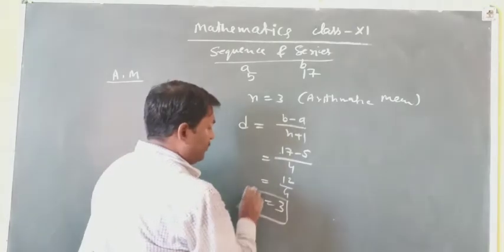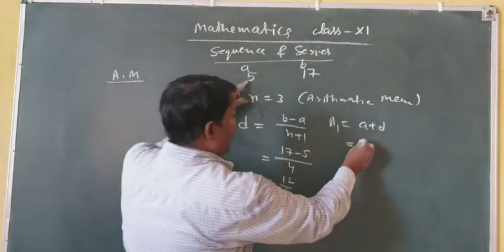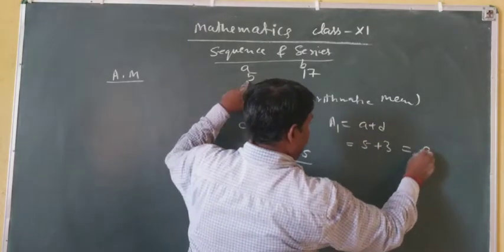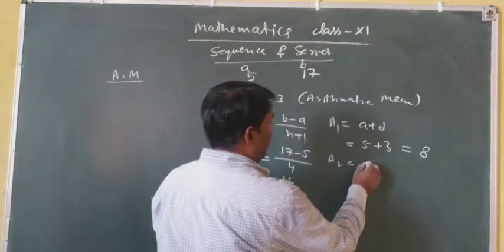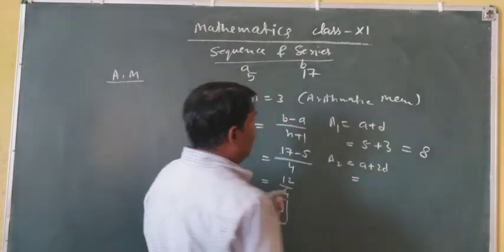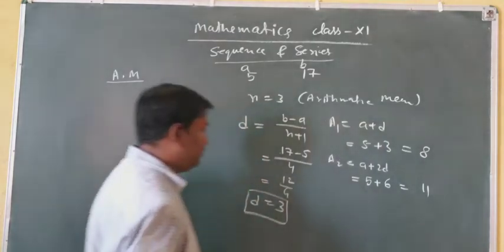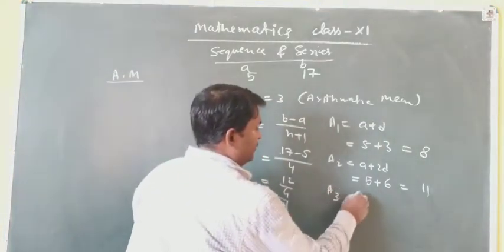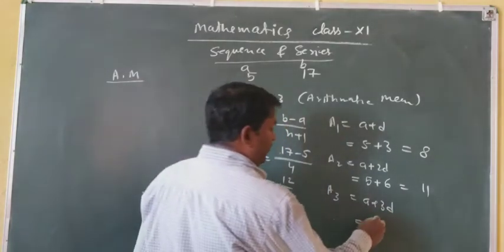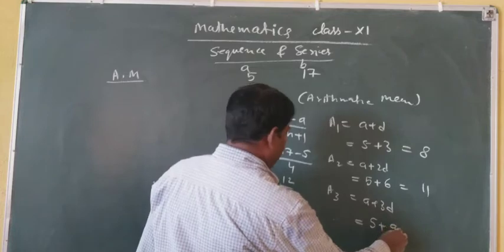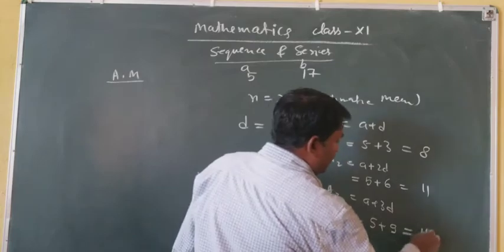So d is 3. Now the first arithmetic mean is a plus d. a is 5, d is 3, so this is 8. a2 is a plus 2d, where a is 5 plus 2 times 3 is 6, so 11. a3 is a plus 3d, where a is 5 and 3 into 3 is 9, so here I can write 14.